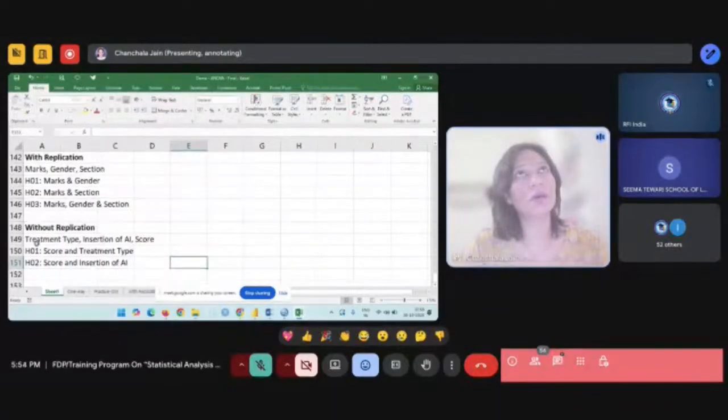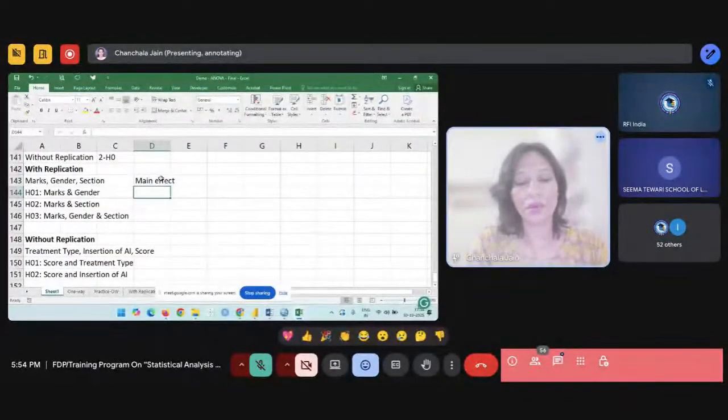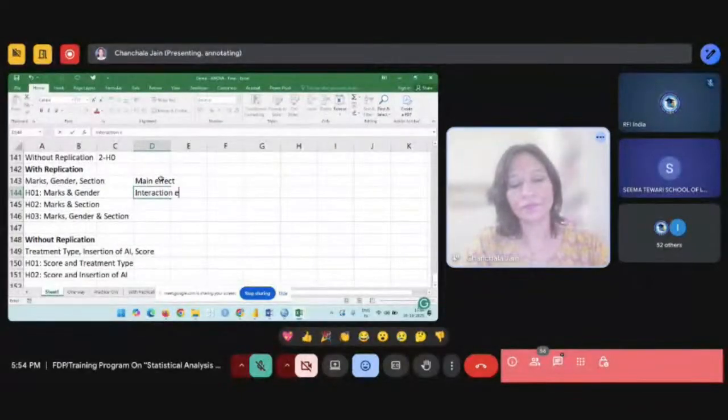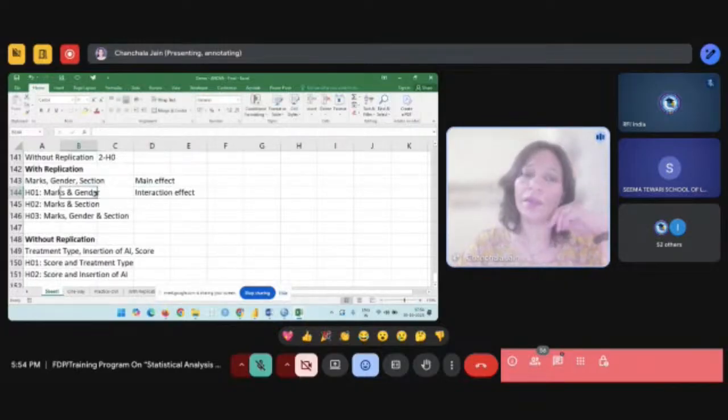Because here there is no interaction effect. When you are talking about replication, there will be the main effect and the interaction effect. So with replication, it is possible when you are repeating the categories of the categorical variable, but here you are not repeating these categories.